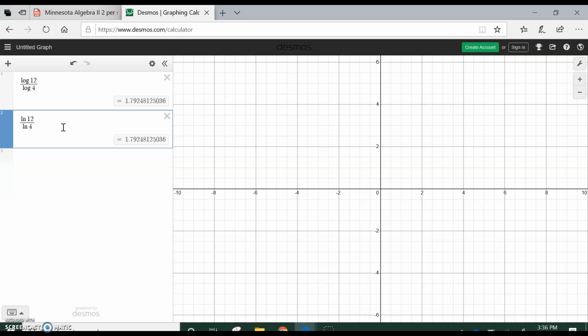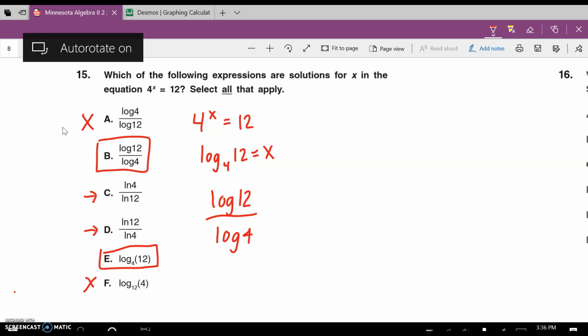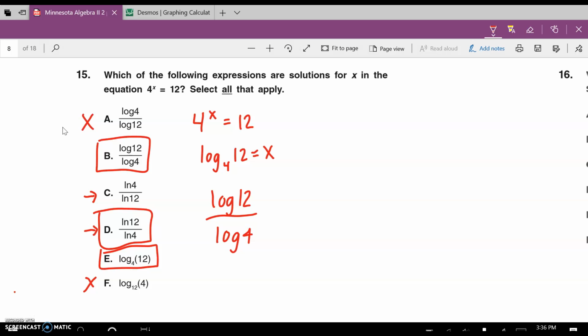That is the same thing. So I know that log of 12 divided by log of 4 is the same thing as ln of 12 divided by ln of 4. So option choice D is actually the same as well. So my answers are B, D, and E.